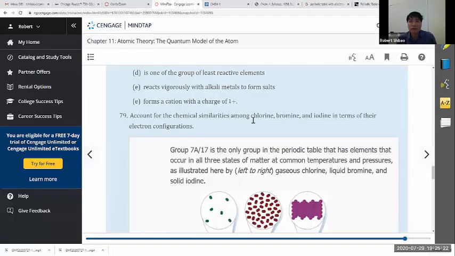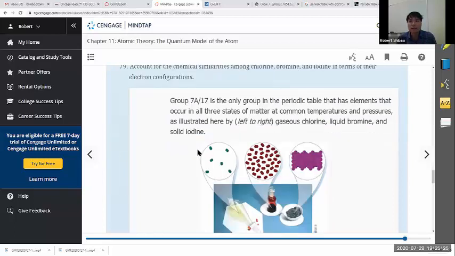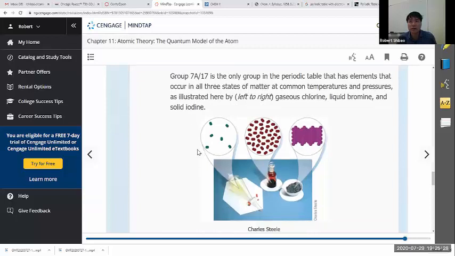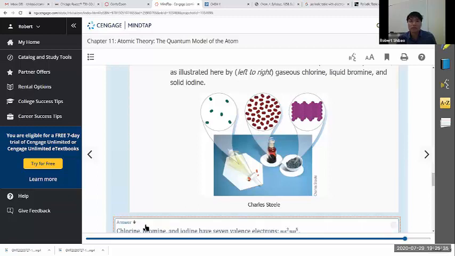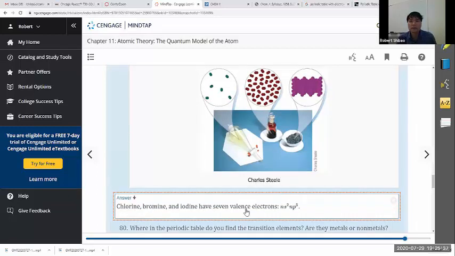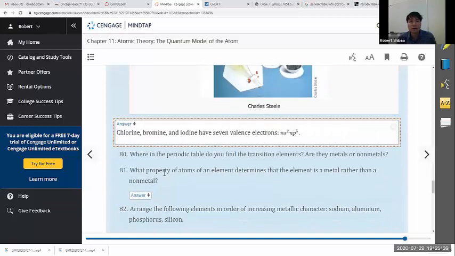Account for the chemical similarities among chlorine, bromine, iodine in terms of electron configuration. They all have the same valence shell electron configuration. They all have 7 valence electrons. What property of atoms of an element determines the element is a metal rather than a non-metal?